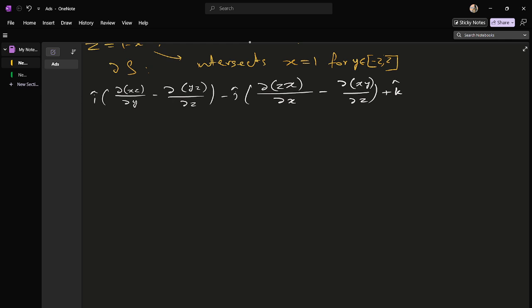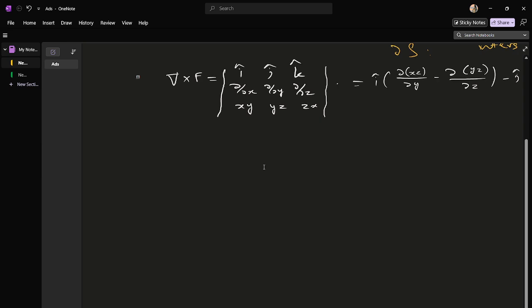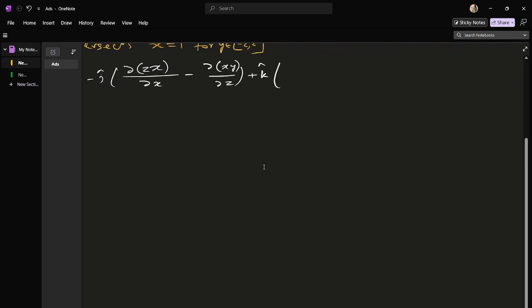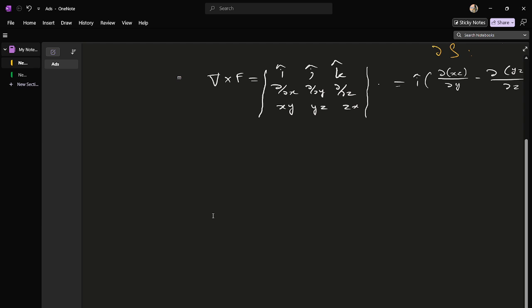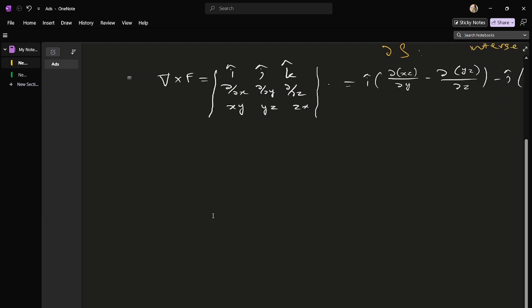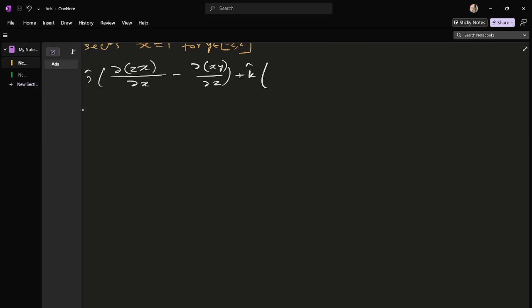Lastly we have the common factor k cap. Then what will be the cofactor of it? Sorry, I have stated wrong. It will be del x of yz and del y of xy, otherwise the answer will be wrong.